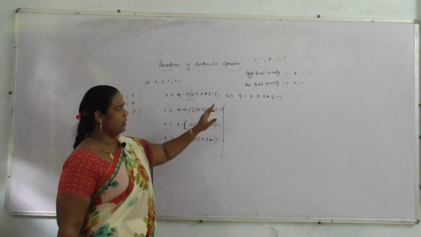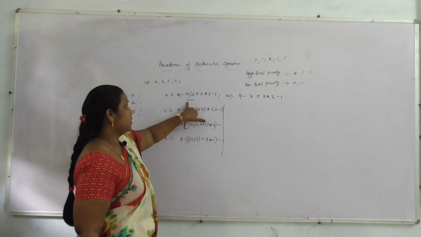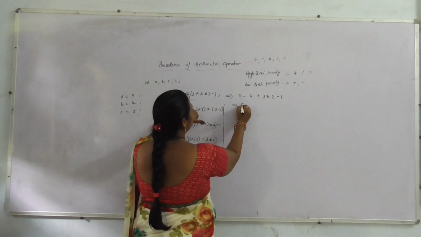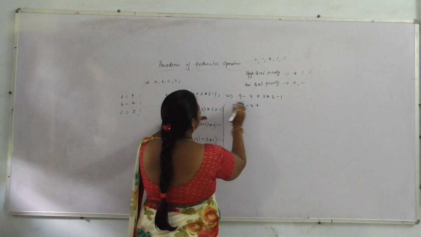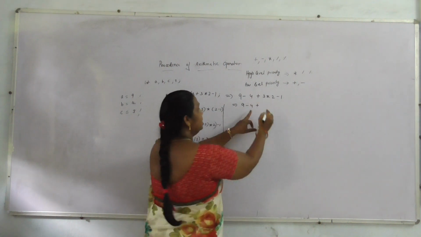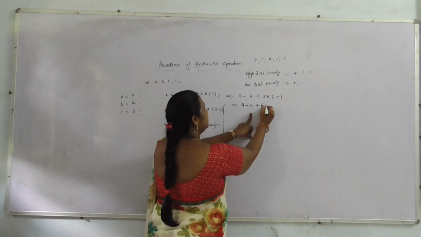The computer will first do 12 divided by 3, which is 4, then 9 minus 4. Next comes the precedence of 3 asterisk 2, which is 6, then minus 1.